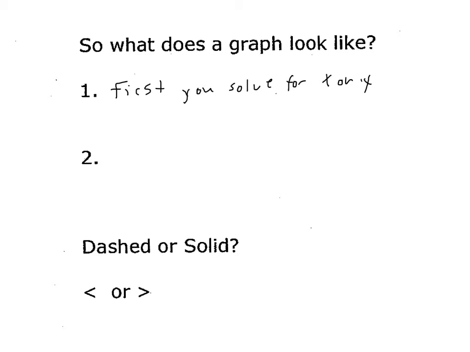Number two, you graph the inequality next, just like we would graph an equation, where we graph our y-intercept first and then apply our slope to that. We'll do some examples of that.